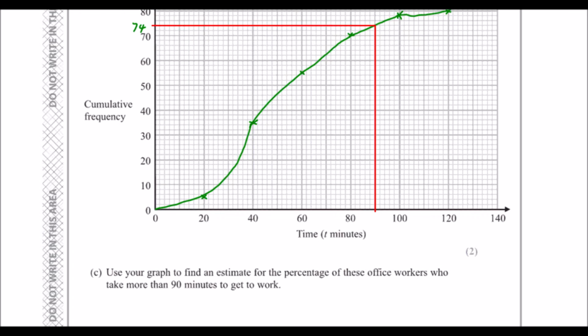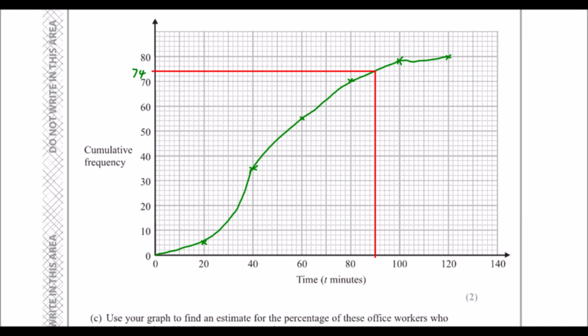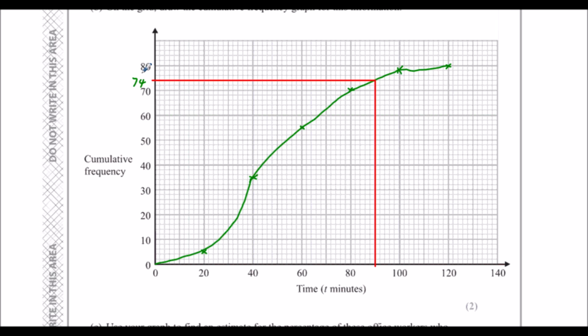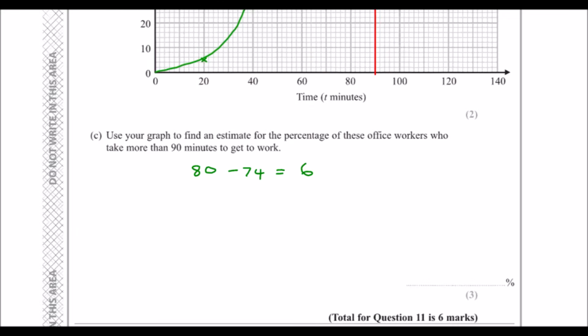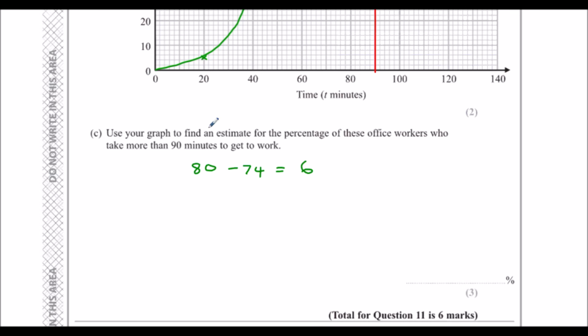So how many take more than 90 minutes? So 80 take away 74. So after 90 minutes, 74 are at work. So 80 take away 74 is 6. So 6 people out of 80 in total, but that's not a percentage.